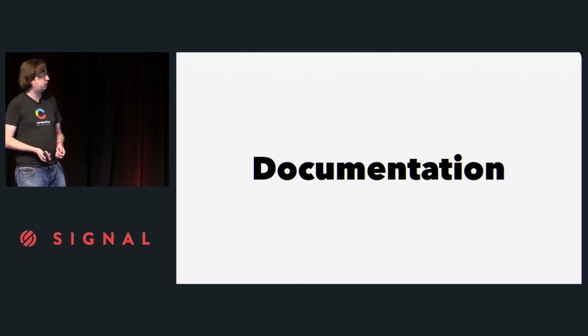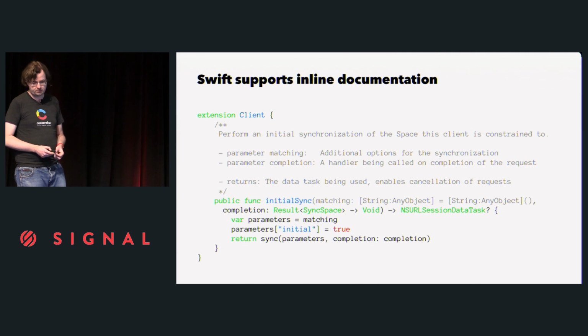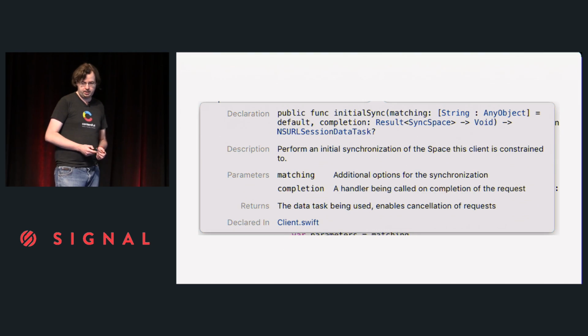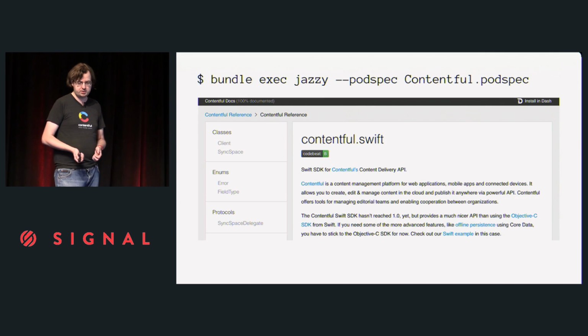And let's also talk about documentation. Swift actually supports inline documentation that is fairly nice. We can just put some documentation right in our code for each public method, and Xcode will show it inside. So if you alt-click, you will see the documentation for a specific call you're looking at, and this will be taken from those inline code comments.